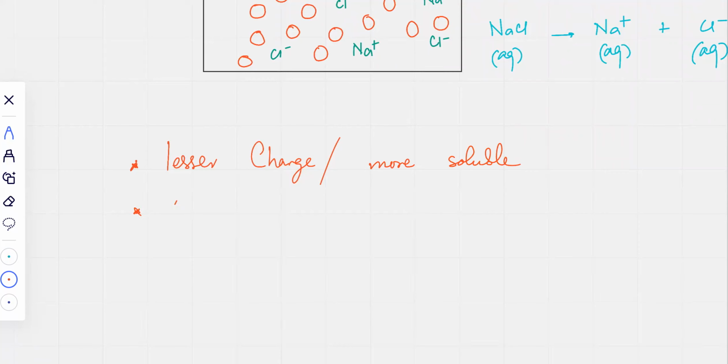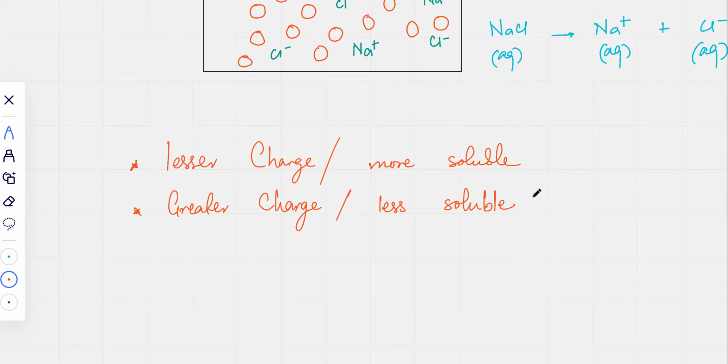And if the ion has greater charge, then that means it's going to be less soluble.